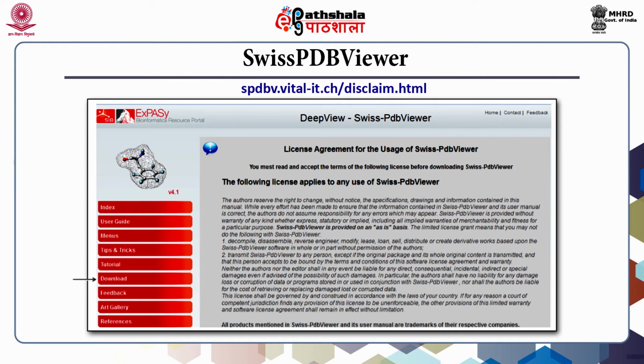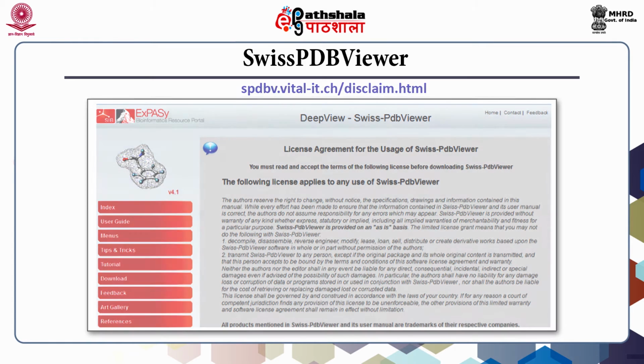Download SwissPDBViewer, which is also named as Deep View and is available through the Expasy server of the Swiss Institute of Bioinformatics. Download SwissPDBViewer and unzip in a separate folder.